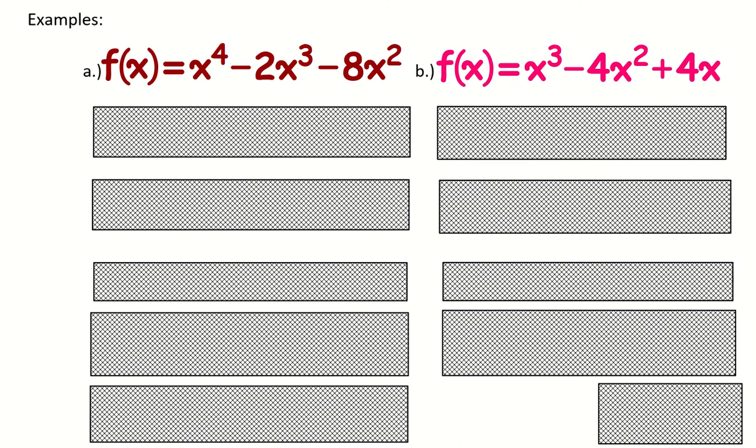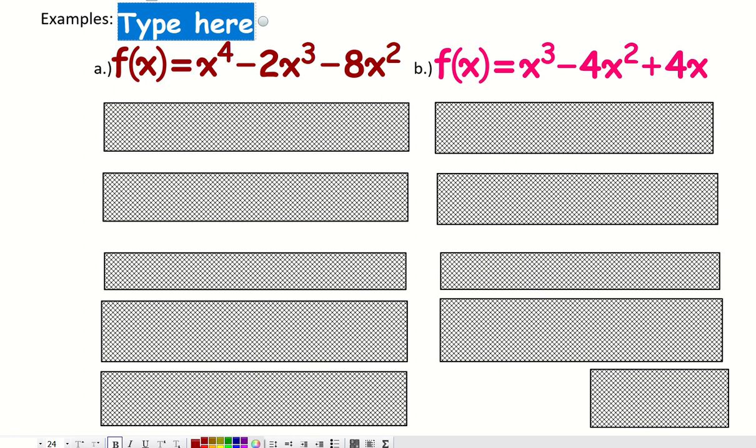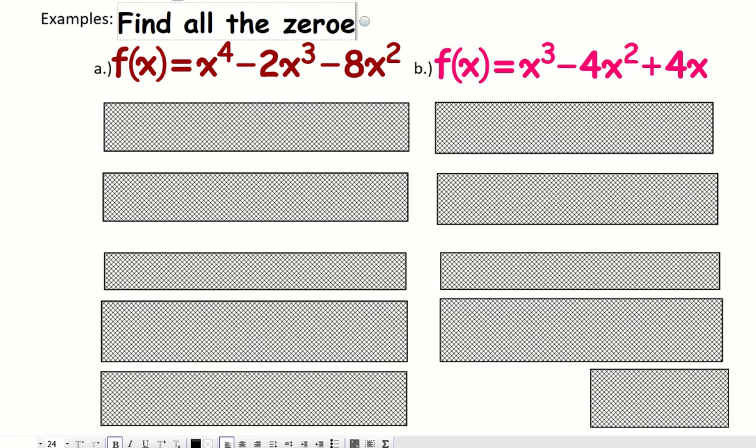What are the directions here? The directions would be find all the zeros, basically.